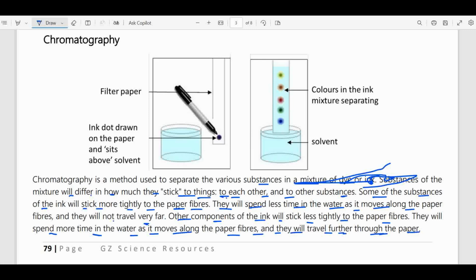Now, this is quite simple. If you are separating colored compounds, you can take advantage of their differences in movement on this adsorbent paper. And because of their color, they can be visualized and you can now know. For example, you have olive oil, you have palm oil, you have other kinds of dye or ink. A mixture of those can actually move at different rates over this adsorbent medium.